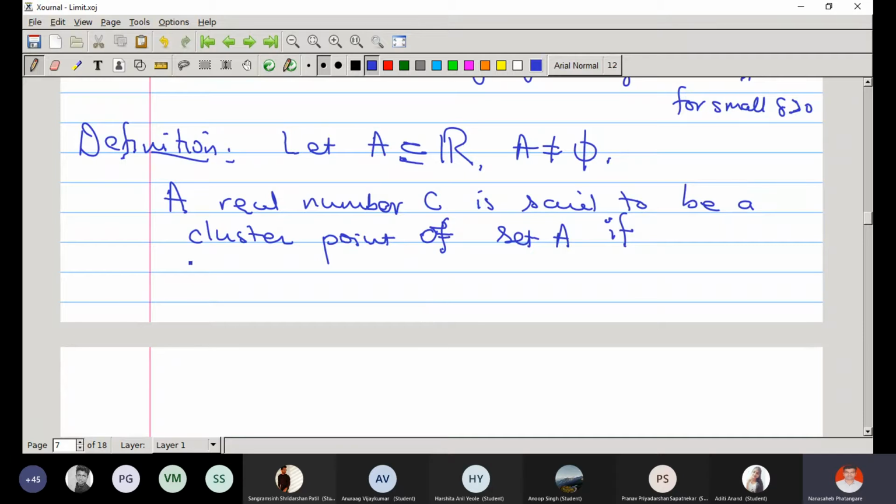If for any delta, V delta dash C intersection with A should be non-empty, right? So is the definition clear?